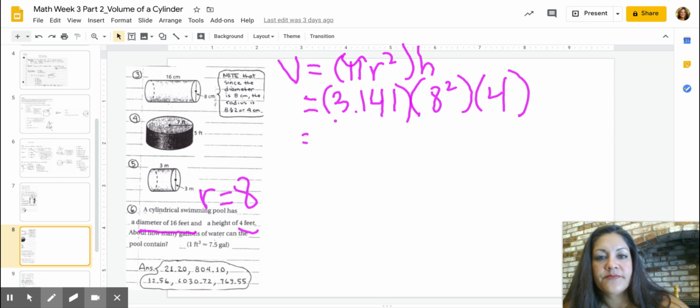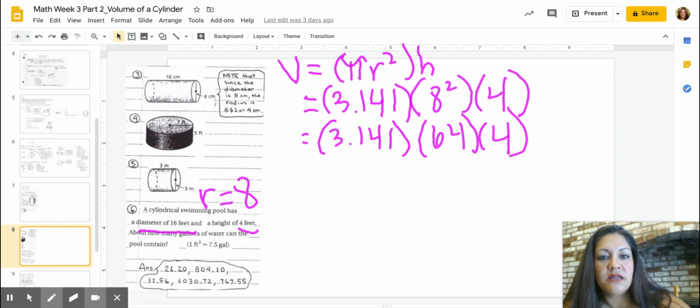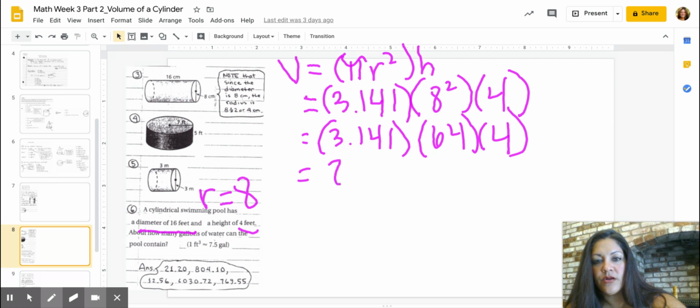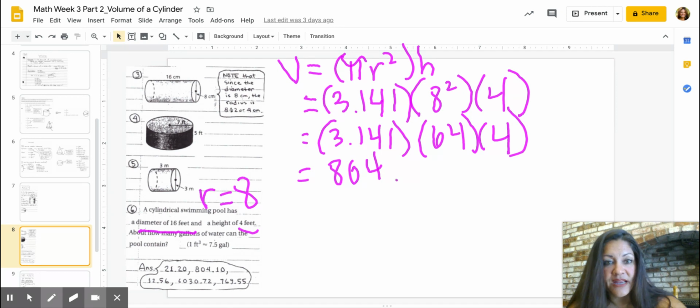Okay. 8 squared is 64. And let's solve this. 3.141 times 64 times 4 equals 804.096. So I'm going to round that to 804.10. Oh, those zeros are tough.